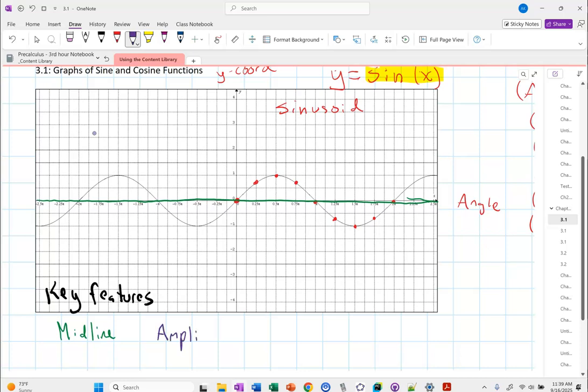These graphs all have amplitudes. And amplitude is just the distance from the midline to the highest or lowest point on the graph.